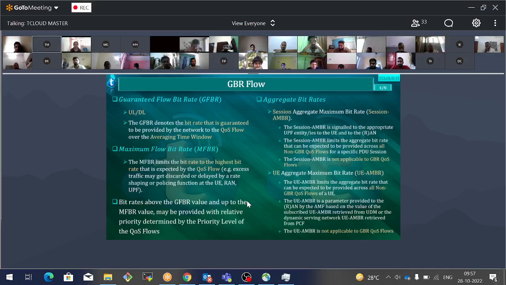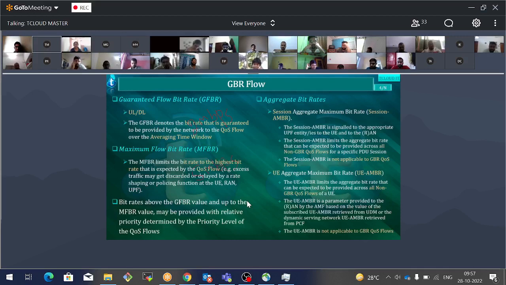That is guaranteed. What is maximum? Maximum bitrate that is applicable for the quality of service flow. Doesn't mean that you get the maximum flow bitrate. You may or you may not. For example, your guaranteed flow bitrate can be 2 Mbps for a quality of service flow, and maximum flow bitrate can be 5 Mbps.